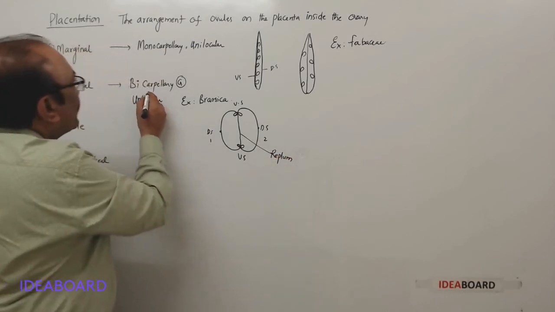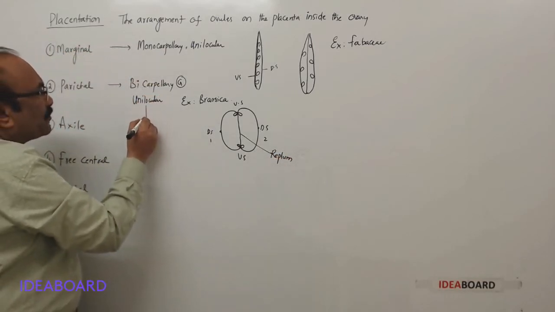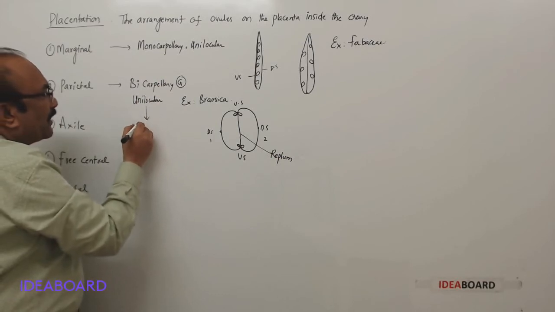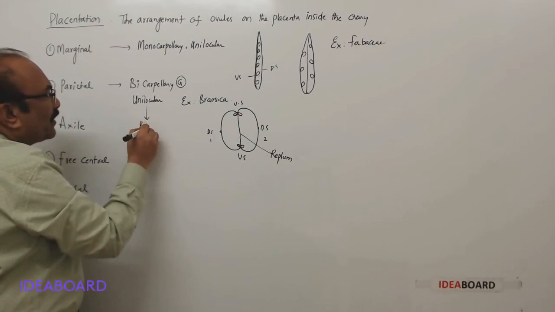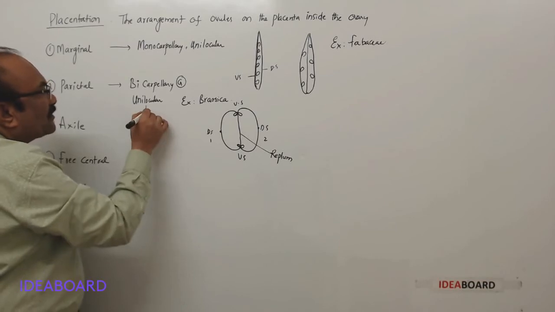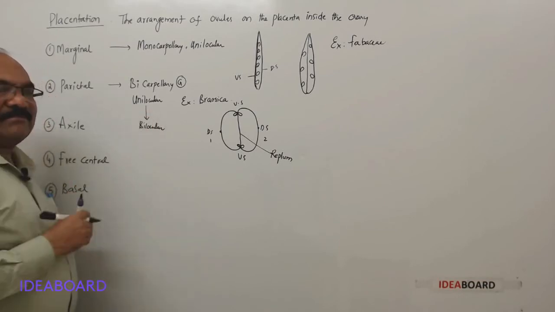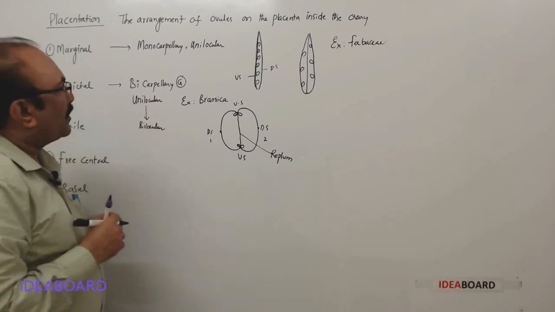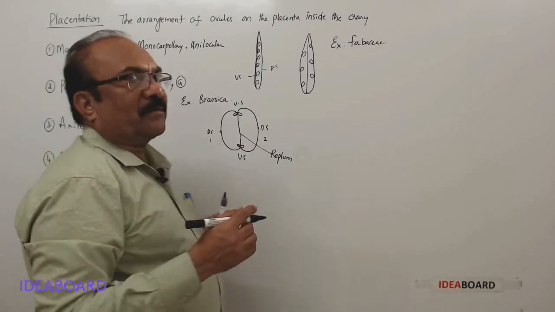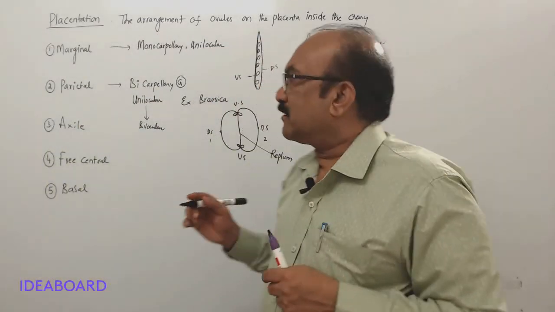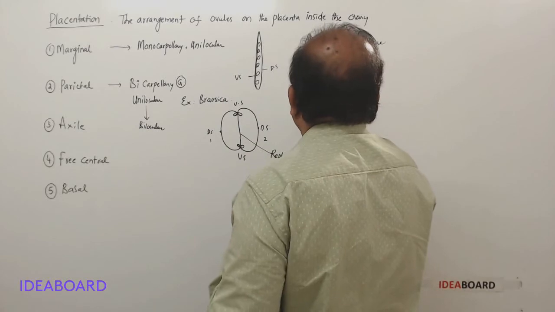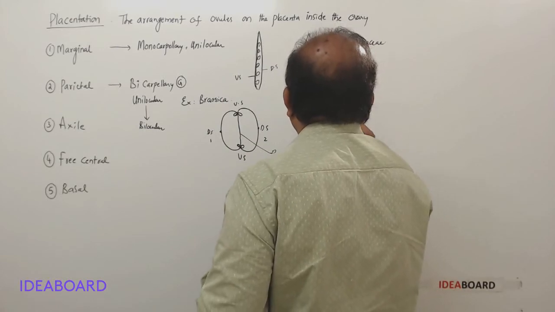So bicarpellary gynoecium with unilocular ovary later becomes bilocular due to formation of this false septum. And one more example for parietal placentation is cucurbits or pumpkin.